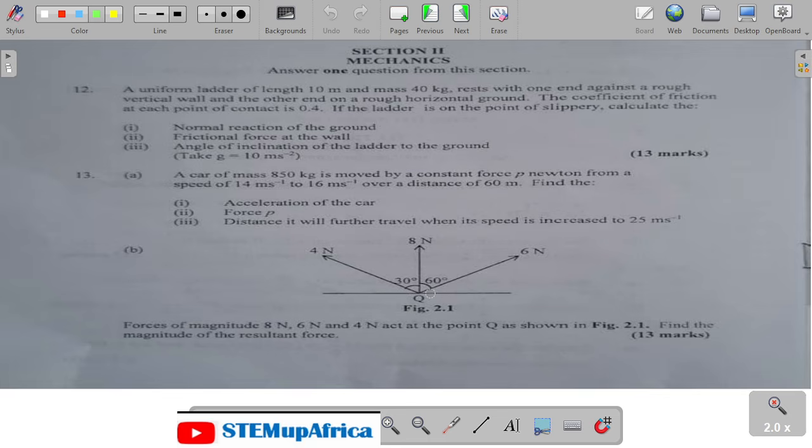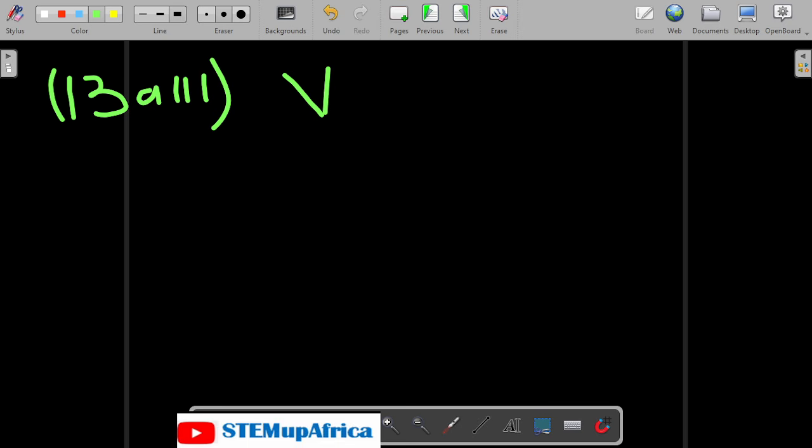Then Roman figure 3, it says calculate the distance it will travel when you increase the speed to 25. So if the speed has been increased to 25, V prime is now 25 meters per second.